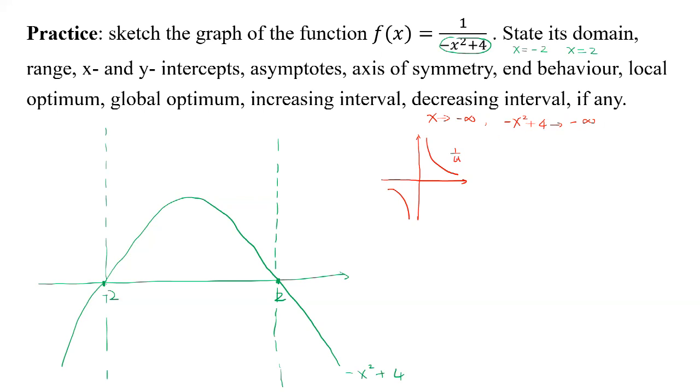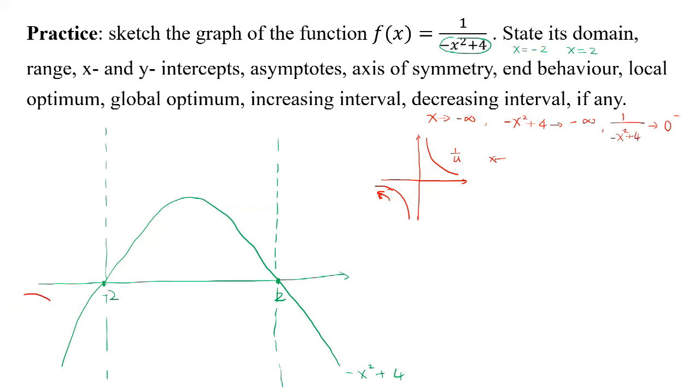When the denominator approaches -∞, the reciprocal function approaches 0 from the negative side. So basically, when x approaches -∞, the reciprocal approaches 0 from the negative side. It will have a shape like this.